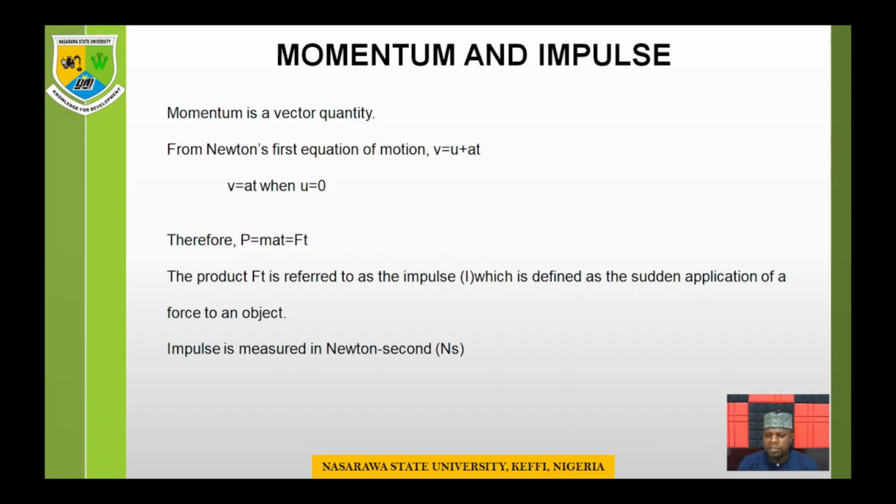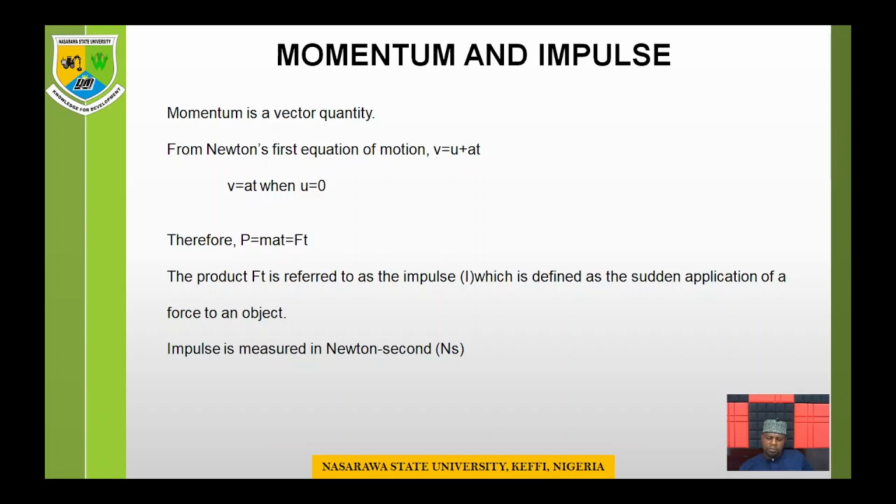From Newton's first equation of motion, which is given as v equal to u plus at, where v is the final velocity, u is the initial velocity, a is the acceleration, and t is the time, we have that v is equal to at when u is 0.